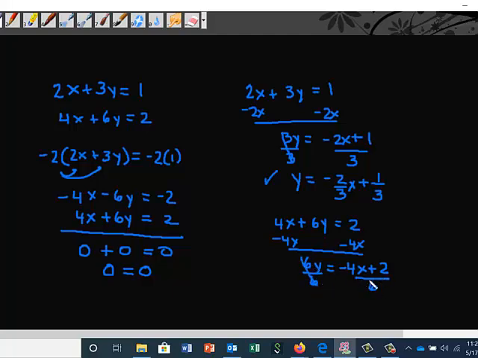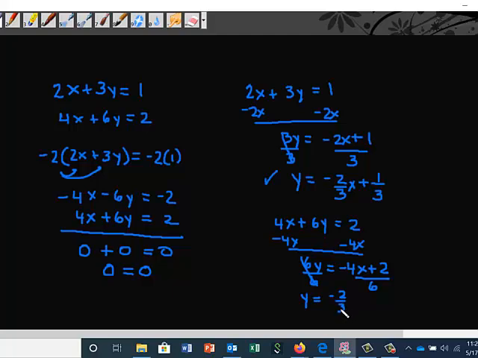If we simplify this, 4 over 6 is going to end up being negative 2/3. And then 2 over 6 is going to be 1/3. So you're going to wind up with the same exact equation.